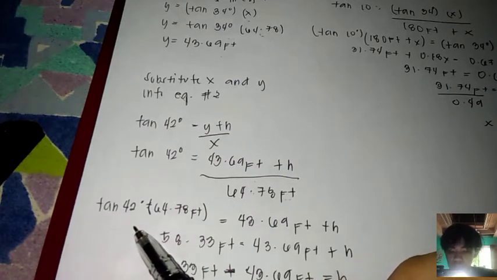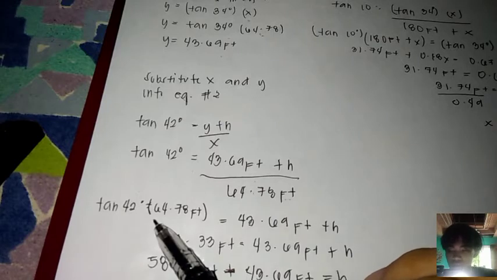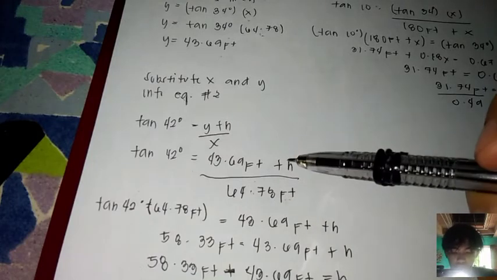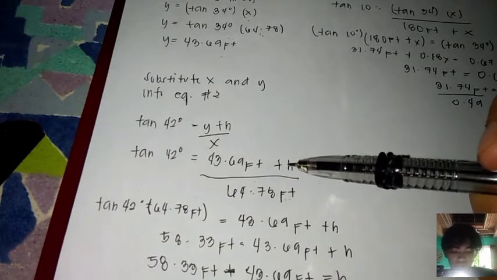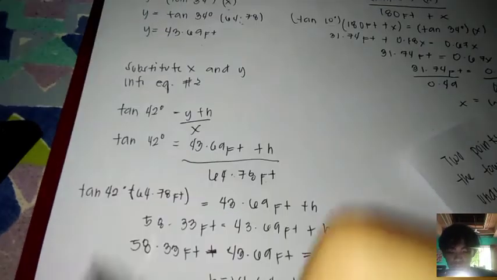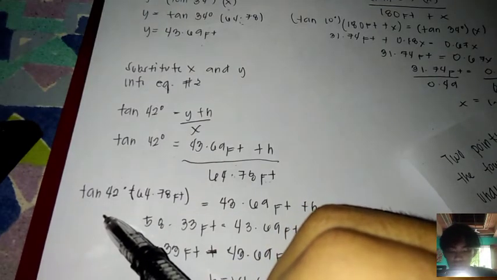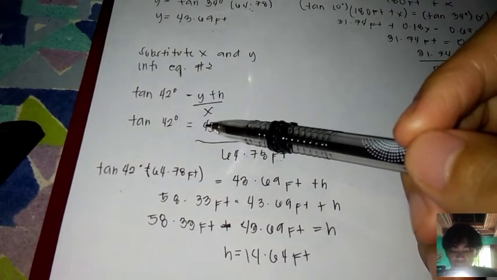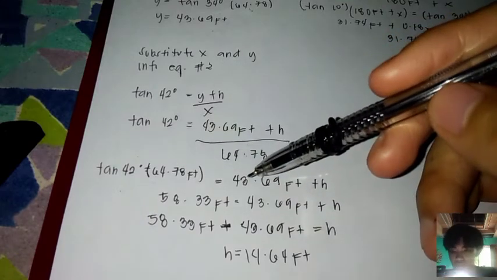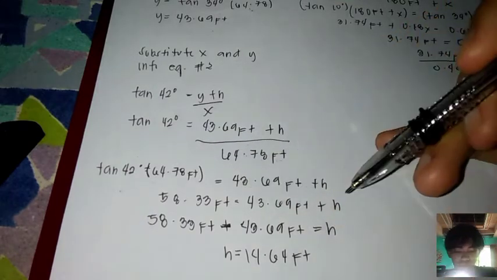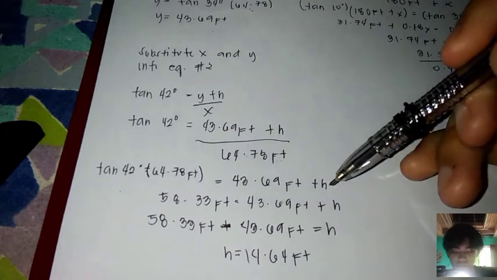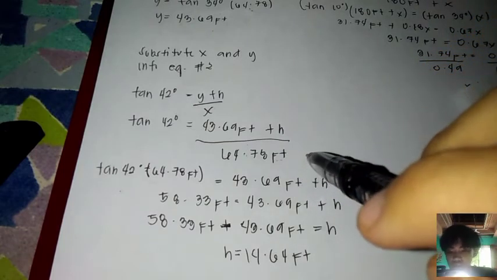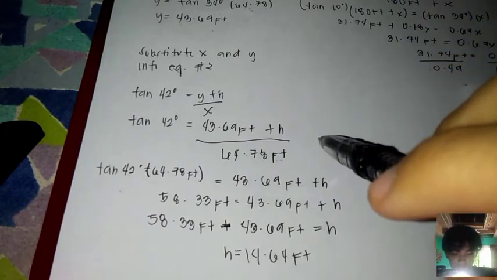So we have tan 42 degrees, quantity of 64.78 feet, equals to 43.69 feet plus height. So after that, let's multiply the tan 42 degrees to 64.78 feet. So we have 58.33 feet equals to 43.69 feet and the height.